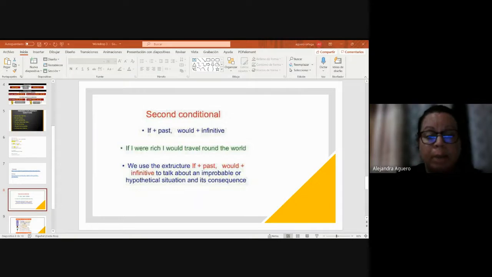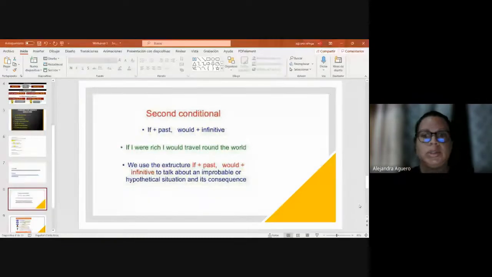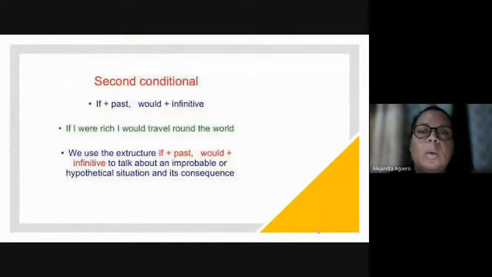Okay, remember that in the previous workshop, we studied conditional 0 and conditional number 1. Let's remember that for conditional number 1, it is when we have a condition and then the result is possible in the future. In conditional number 2, we have a condition that is not real and a result that is not real, okay?